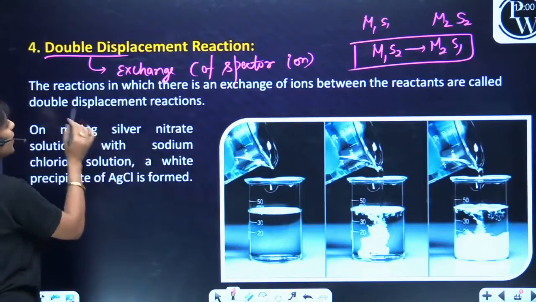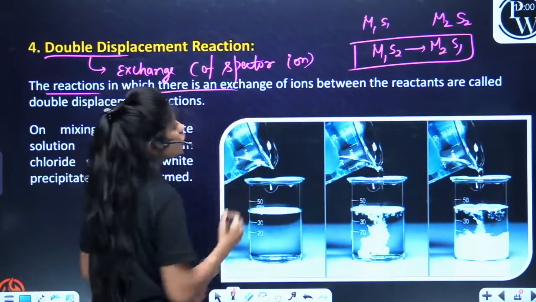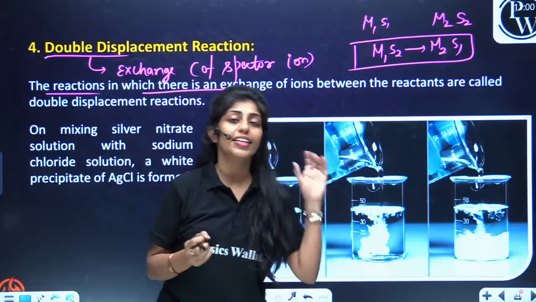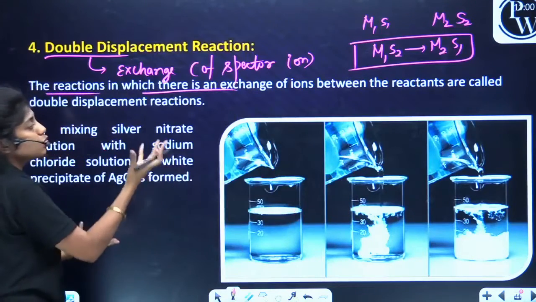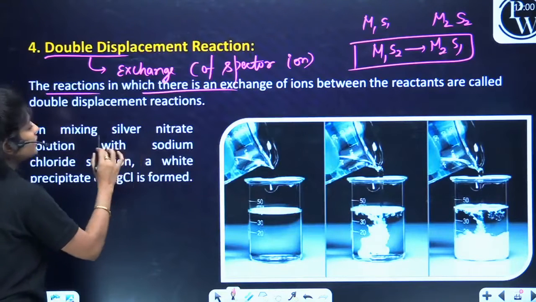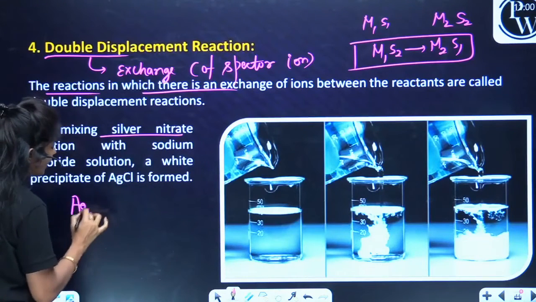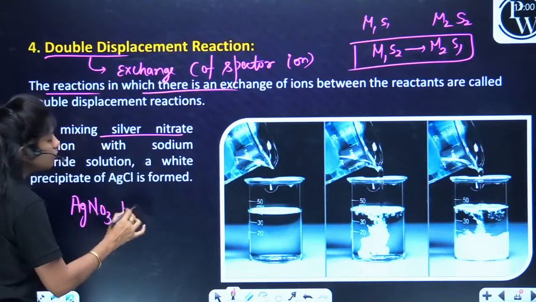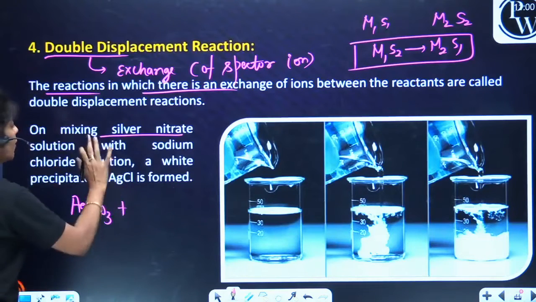So here we can see the reaction in which there is exchange of ions between the reactants and they give rise to the products, that is called a double displacement reaction. On mixing silver nitrate, suppose we have AgNO3. These reactions are the easiest reactions, believe me.